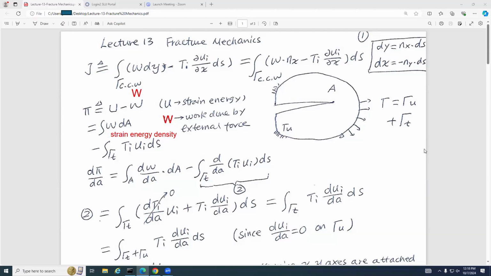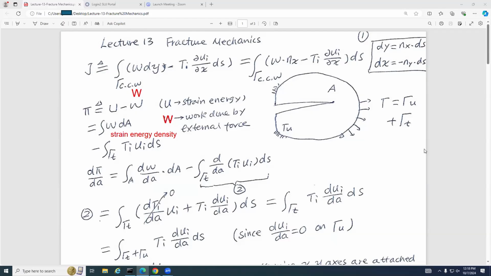So what are nx and ny? From calculus, we know that dx and dy are related to ds, the arc. n is the unit normal at this point, and it can be decomposed into two components, nx and ny.